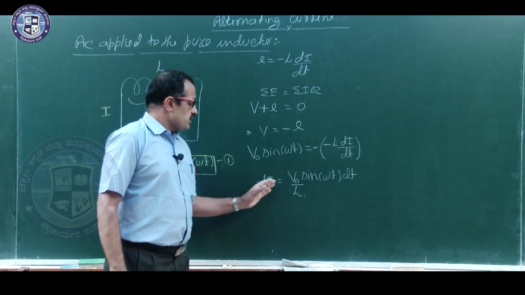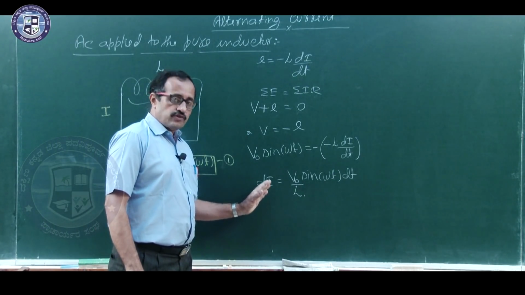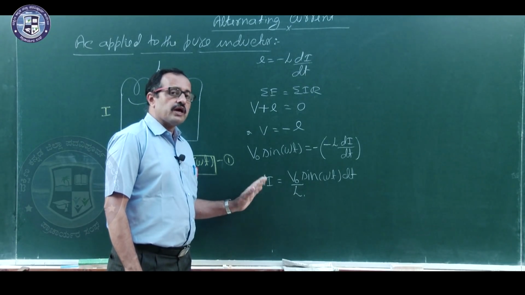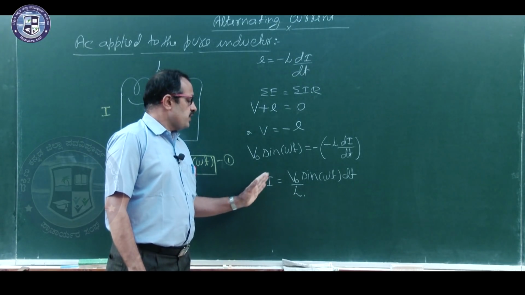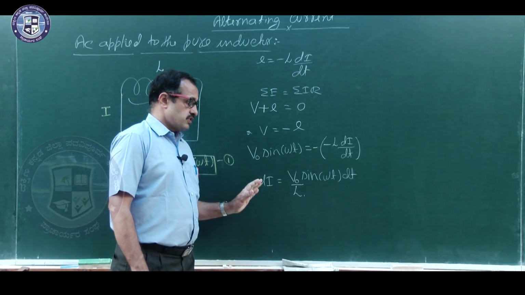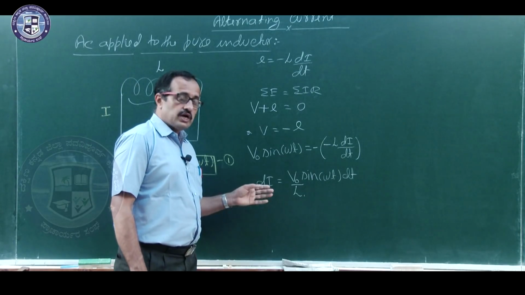Now we know the left hand side term is di. The integration of di is nothing but I. Therefore, we integrate this equation, then we get the equation for current I.